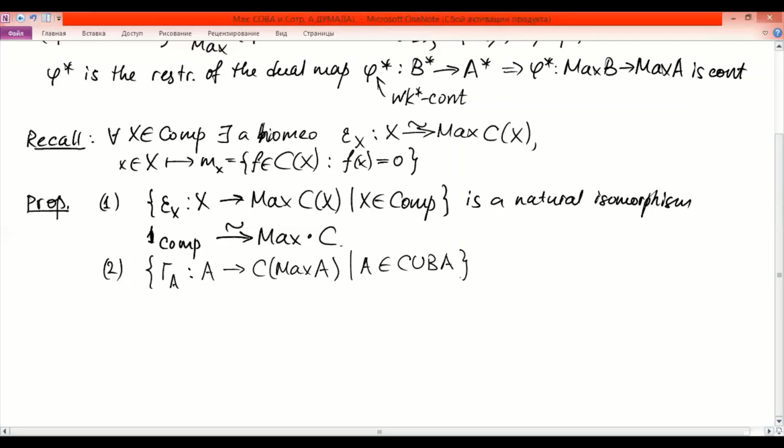Well, I don't claim that this is a natural isomorphism, but at least it is a natural transformation from the identity functor on cuba to C composed with Max.